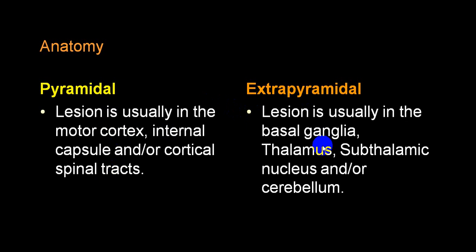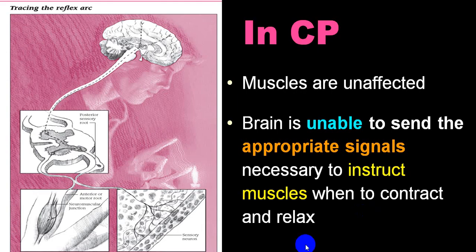While if there is damage to the basal ganglia, thalamus, or subthalamic nucleus, they will develop involuntary movement disorders, or what we call extrapyramidal symptoms. And if there is damage to the cerebellum, it will produce the ataxic variety. There may be a combination of two or three things together. You can have pyramidal damage, extrapyramidal damage, and cerebellar damage. Then it is a mixed group. So you can have any one of those.